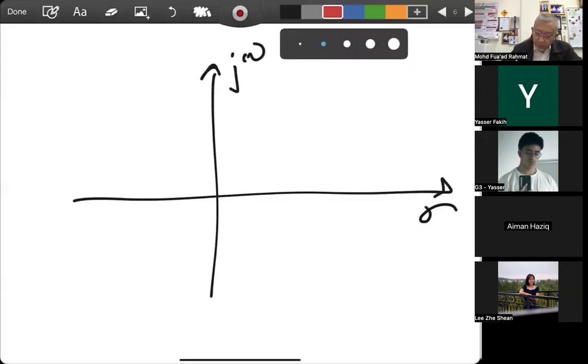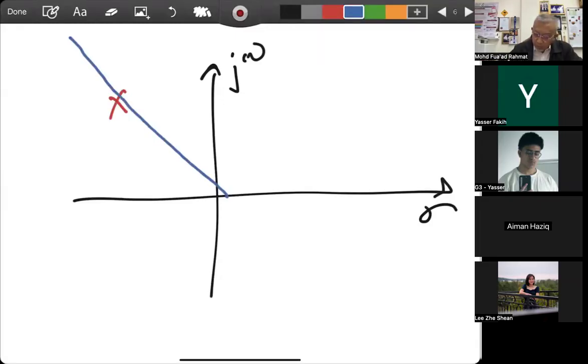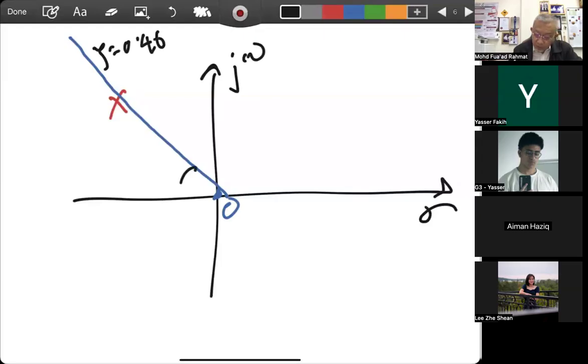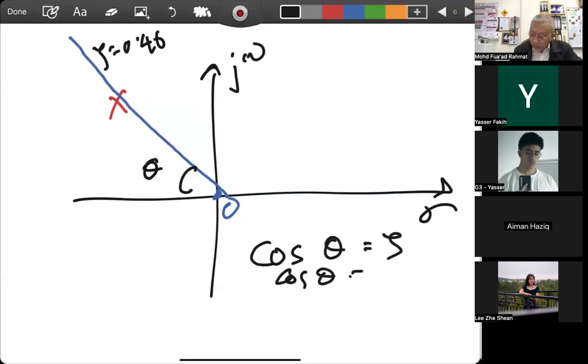So we have a pole here, and we have a straight line. This is the origin, guys. So this one is zeta 0.46. And the angle here, you must know the angle. Cos theta is equal to zeta, so cos theta is equal to 0.46.